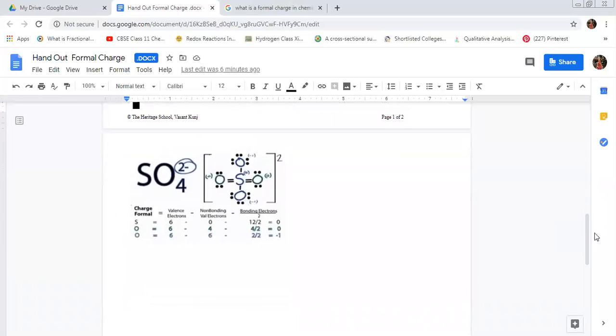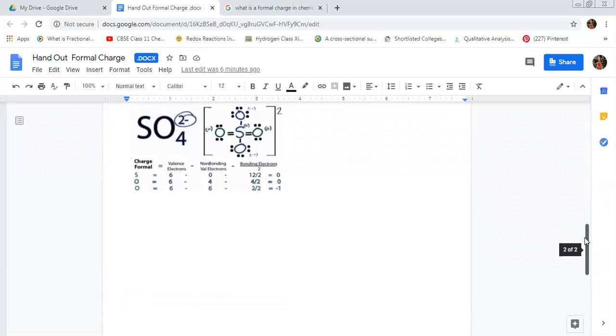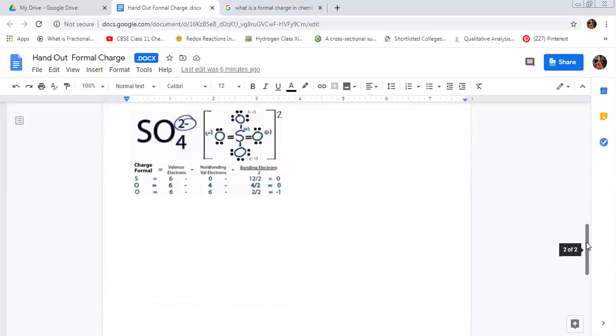Now the next example I've taken is SO4 2 minus. I've drawn the Lewis dot structure. First of all, how to draw the Lewis dot structure? I'll calculate the total number of valence electrons.